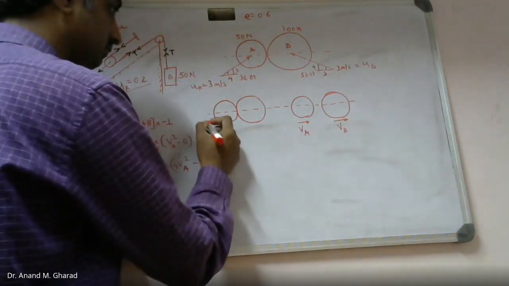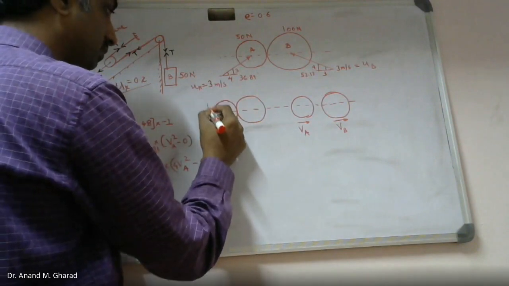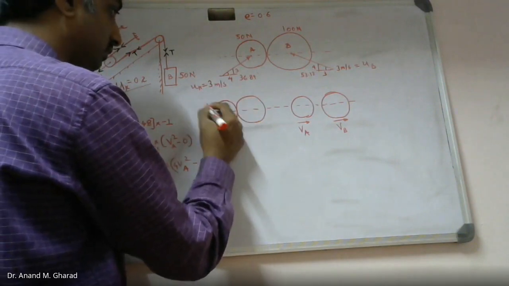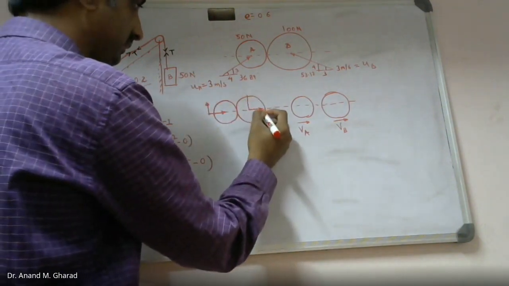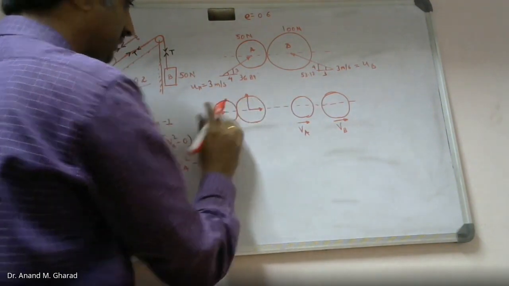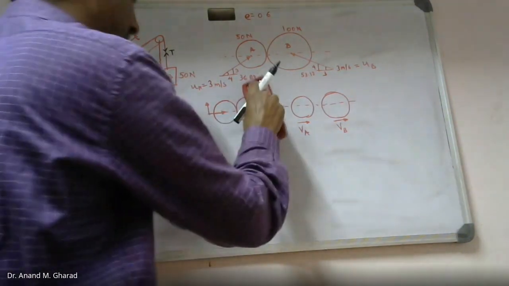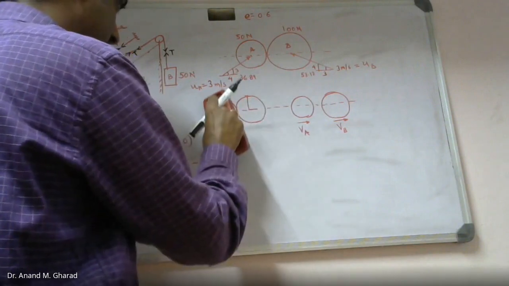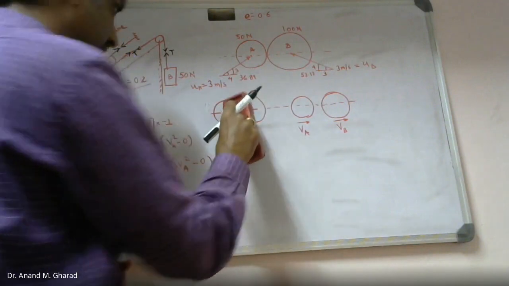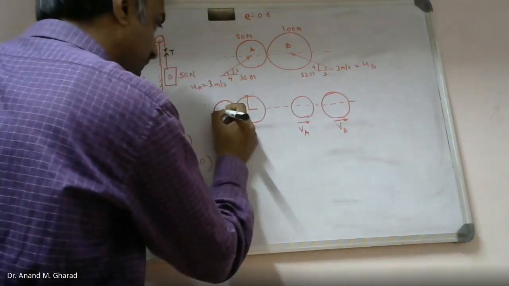Over here also, as I have stated, there will be two forces acting, let's say at the center itself. Direction of arrow is wrong. Over here, for A, the direction of this arrow is in the x-axis.